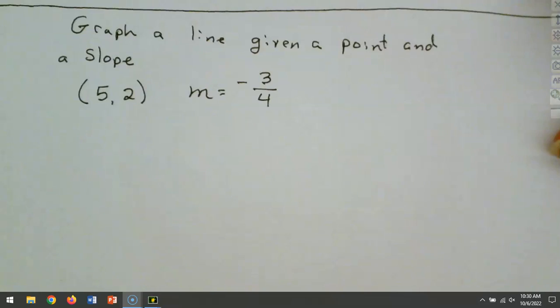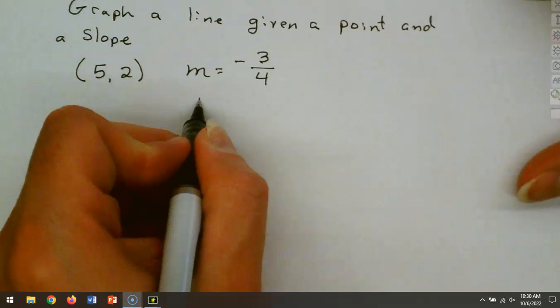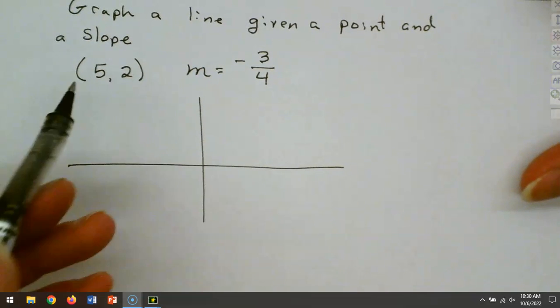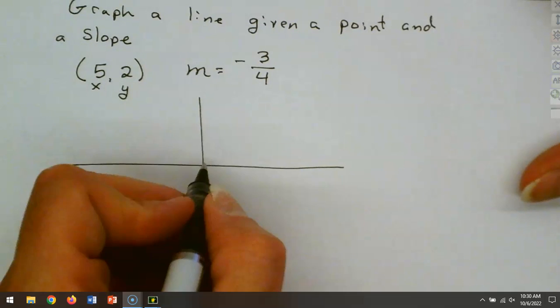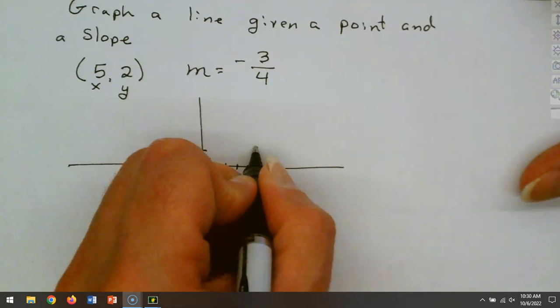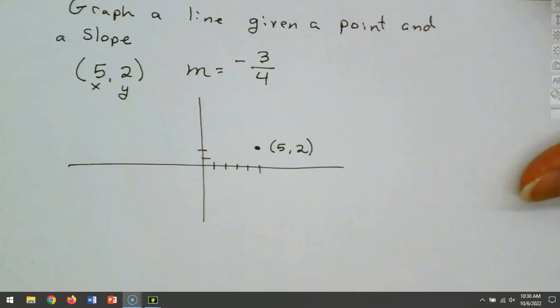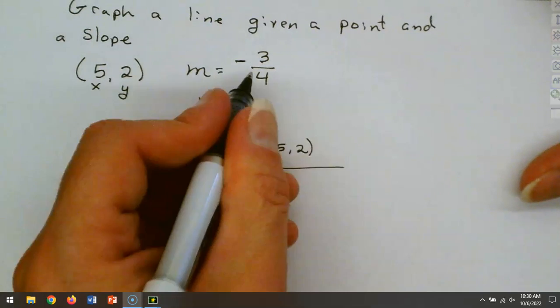But right now, we're going to learn how to graph a line when you're given a point and you're given a slope. So if you've got a point and a slope, the first thing that you do to graph this line is plot your point. So remember to plot your point. This is x, y. So we're going to go over 5 and up 2. Now, my slope is minus 3 over 4.